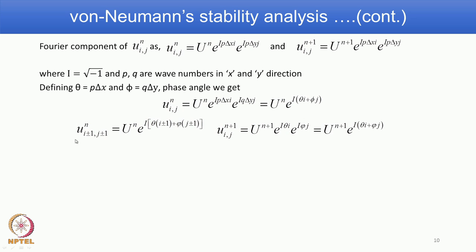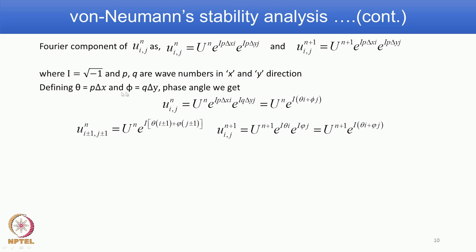Similarly, for u i plus or minus 1, j plus or minus 1 at nth level is also written as shown here. As we did in the one dimensional case, we define I as the square root of minus 1, p and q are wave numbers respectively in the x and y direction. Now, we define theta equal to p into delta x, phi equal to q into delta y.